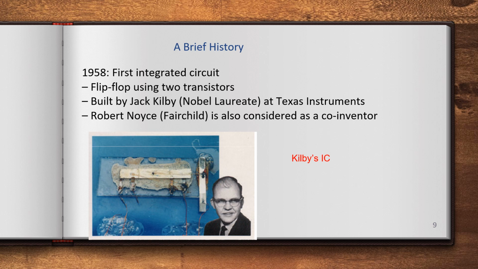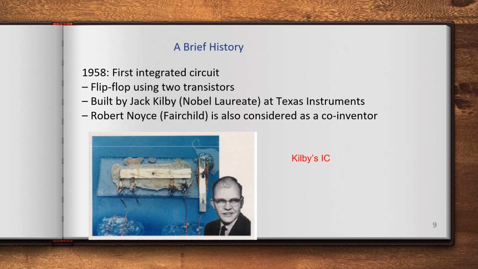In 1958, Jack Kilby, who was then an engineer at Texas Instruments, successfully developed the first integrated circuit with 2 transistors, a capacitor and 3 resistors connected together using fine platinum wires.